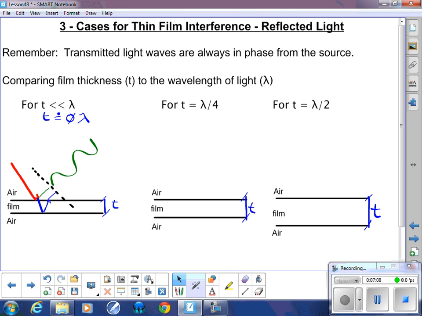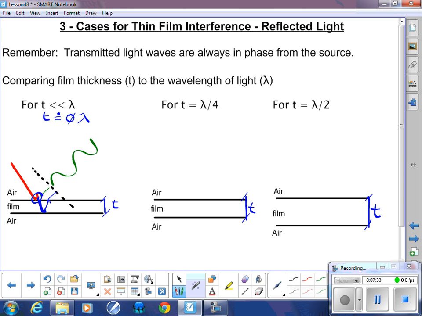Now the blue one, let's take a look at it. Let's say it entered as a crest. So right here it entered as a crest. When you transmit, it doesn't change, it's still a crest. When it strikes the back surface, it's like a fixed end, so it's going to become a trough.